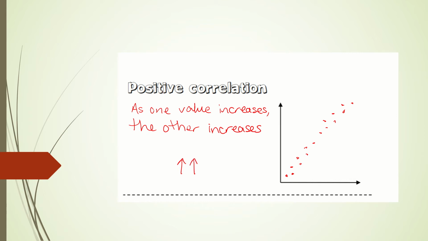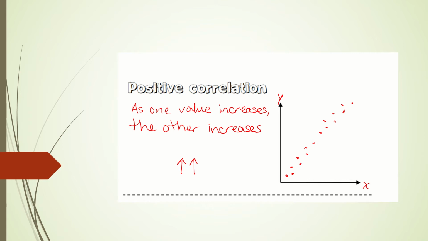So as one is going up, the other is also going up. To explain to you what I mean there, this is our x-axis. This is our y. So as x is increasing, as we go to the right, we count up. As that is increasing, I notice that my y's are also going up. They're increasing. That's what that means.